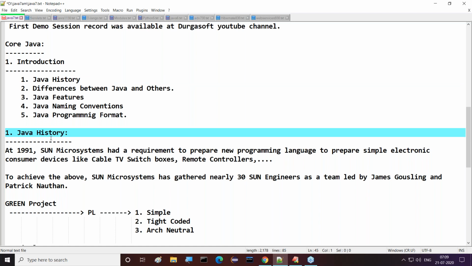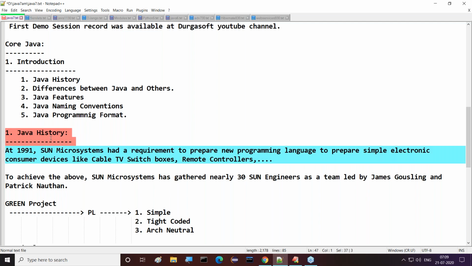And before starting it, I'd like to give you one point: Java history is not at all important for interviews, and not at all important for project development either. Just it is information about the Java programming language, some background story.